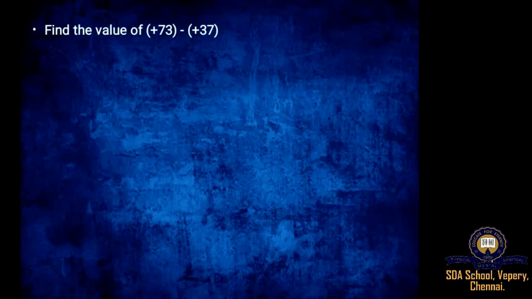Next question. Find the value of plus 73 minus plus 37. Yes, you are correct. So first, you have to change the subtraction to addition. So you will get plus 73 plus of minus 37, which is equal to plus 36. Next question.